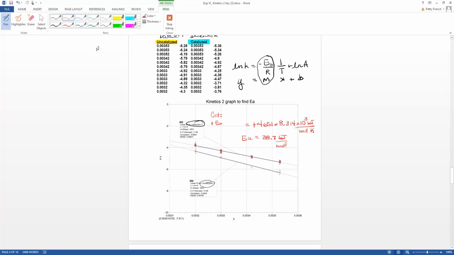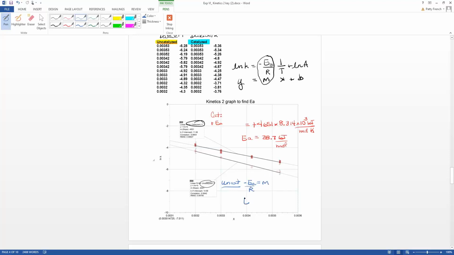So now we're going to go on to our uncatalyzed. And do you remember what a catalyst is supposed to do? Right, a catalyst is supposed to lower the activation energy. So we'll see if this is lower than your uncatalyzed or not. So let's see, I have negative EA over R equals slope.